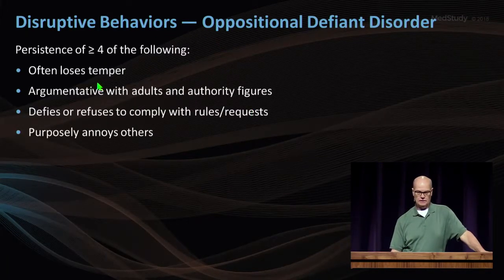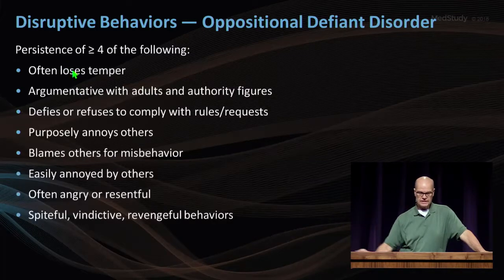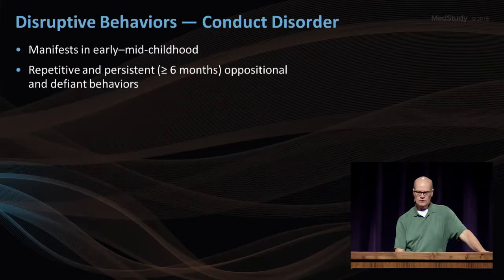Oppositional defiant disorder, here are the DSM criteria. And again, don't go memorizing these criteria, just be familiar with them. So as you read a vignette, you can pick out some of the key statements that help you differentiate some of these behavioral disorders. Now, conduct disorder, again, manifests sometimes even a little bit earlier than oppositional defiant disorders.